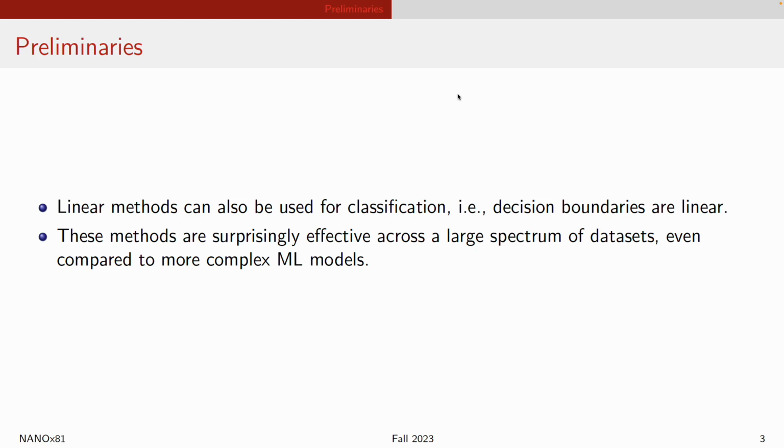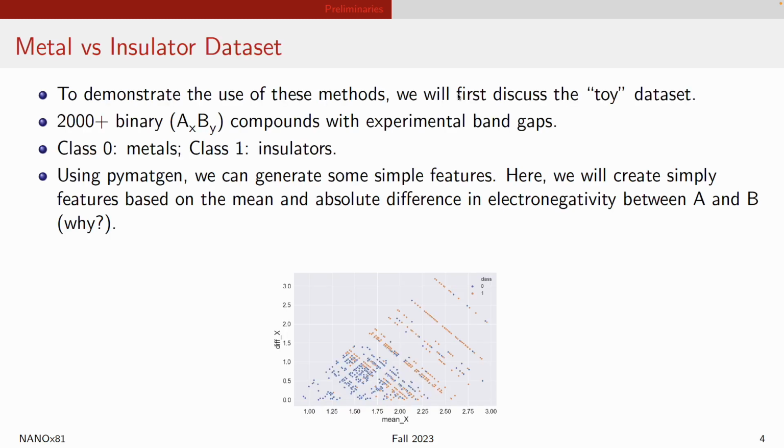And despite their simplicity, these methods are actually quite effective across a large spectrum of data sets, even compared to other more complex machine learning models, okay? Now, in the first part of the lecture, I wanted to introduce to you the metal insulator data set, all right?